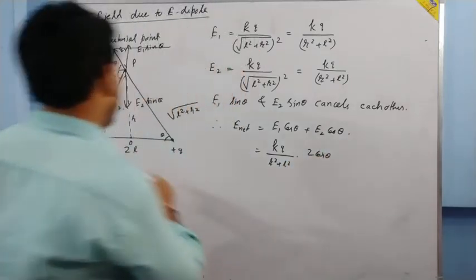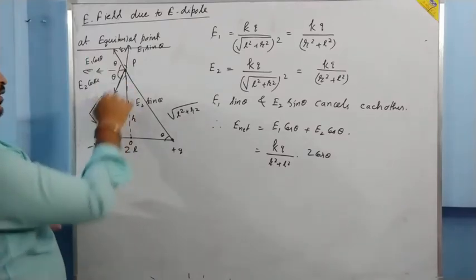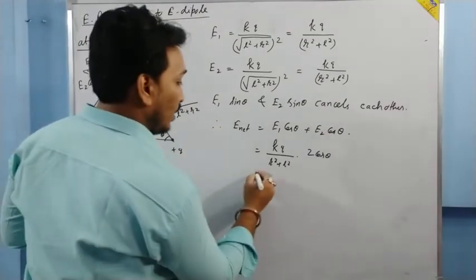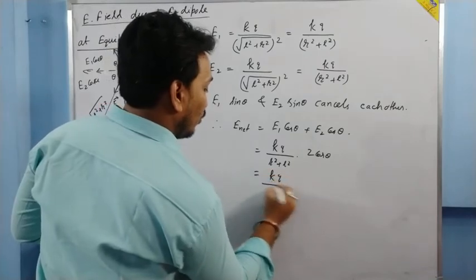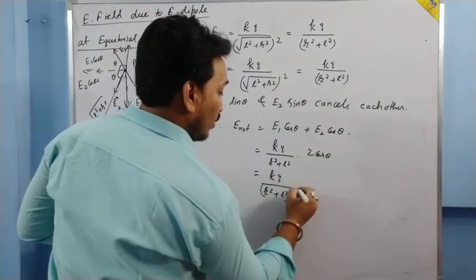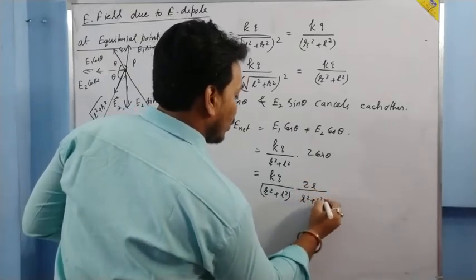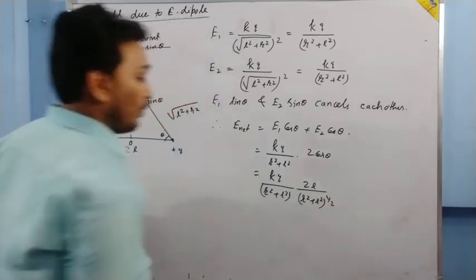For cos theta in this right angle triangle, this base is L, this hypotenuse is under root this much. We can write KQ upon R square plus L square into 2L upon (R square plus L square) power 1 by 2. Now what happens?